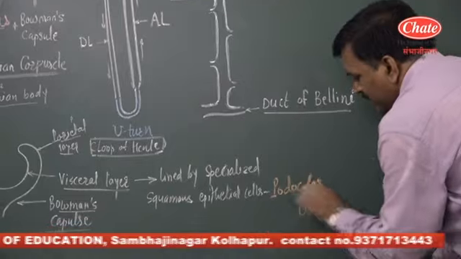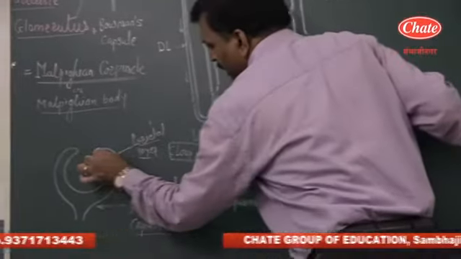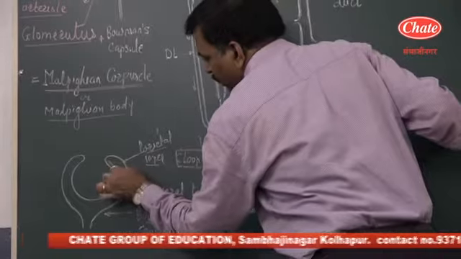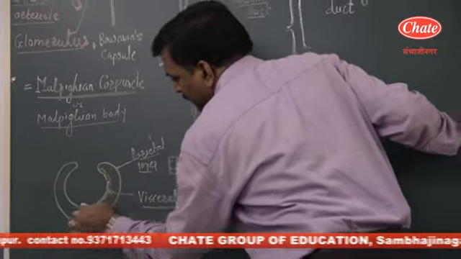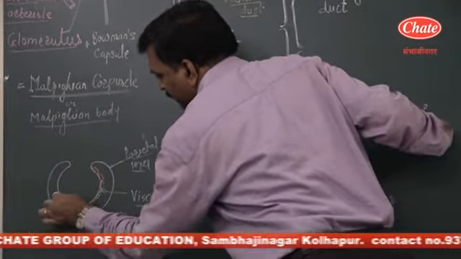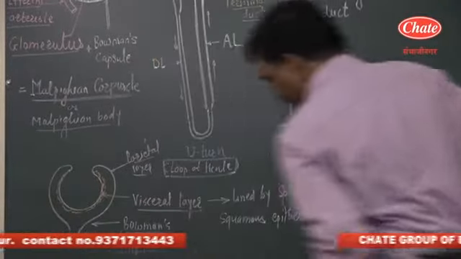So it is lined by special cells termed podocytes. So this is the podocyte.